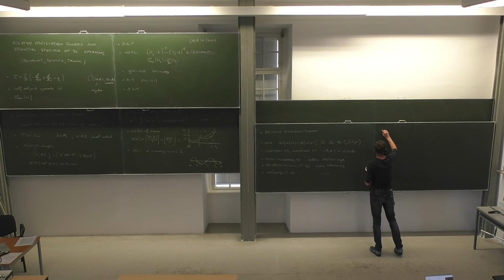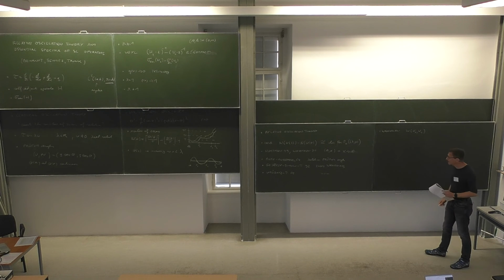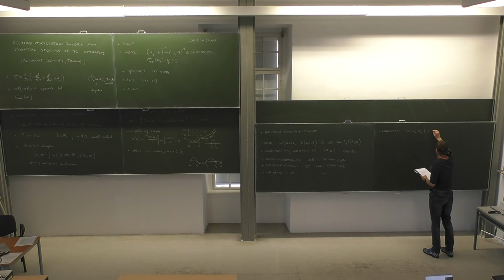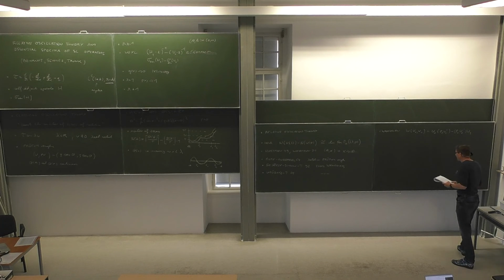So as I said, we're looking at the Wronskian. So I'm looking at two solutions of possibly two different operators. So I'm just using 0 and 1 as an index for tau 1 and tau 0. And the Wronskian in this case is just this usual expression right here.